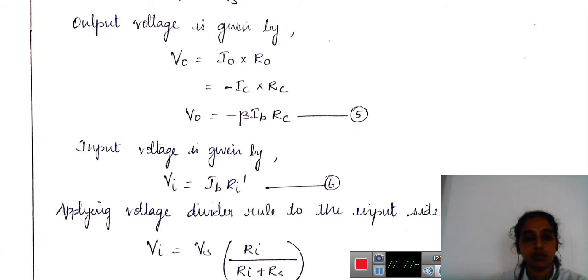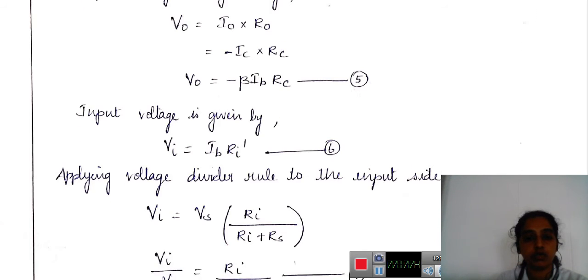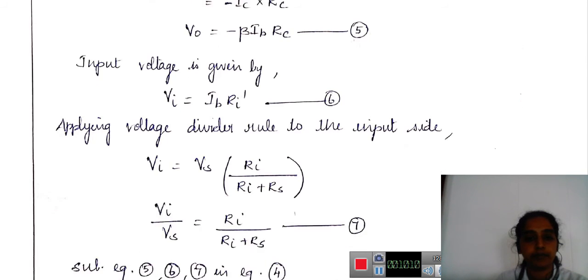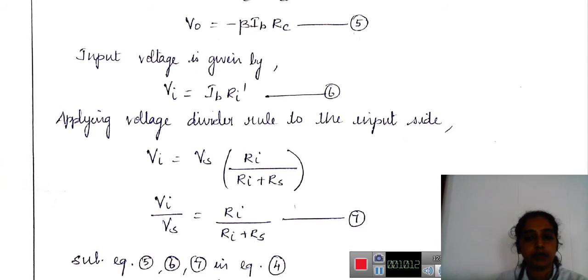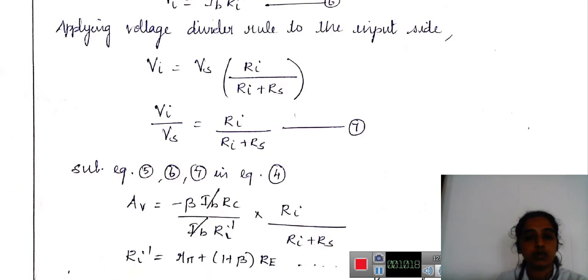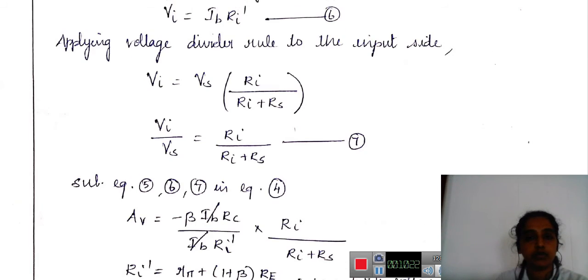And what is my Vi? So according to the voltage divider rule, I know that total voltage is Vs into Ri by Ri plus Rs, as we have seen earlier. So Vi by Vs is Ri by Ri plus Rs. Now consider all these equations and substitute in the voltage gain equation.